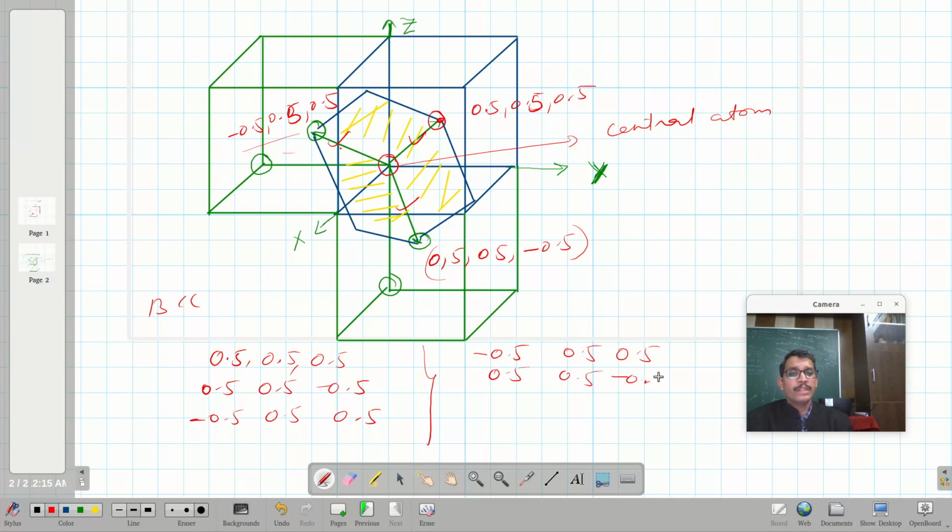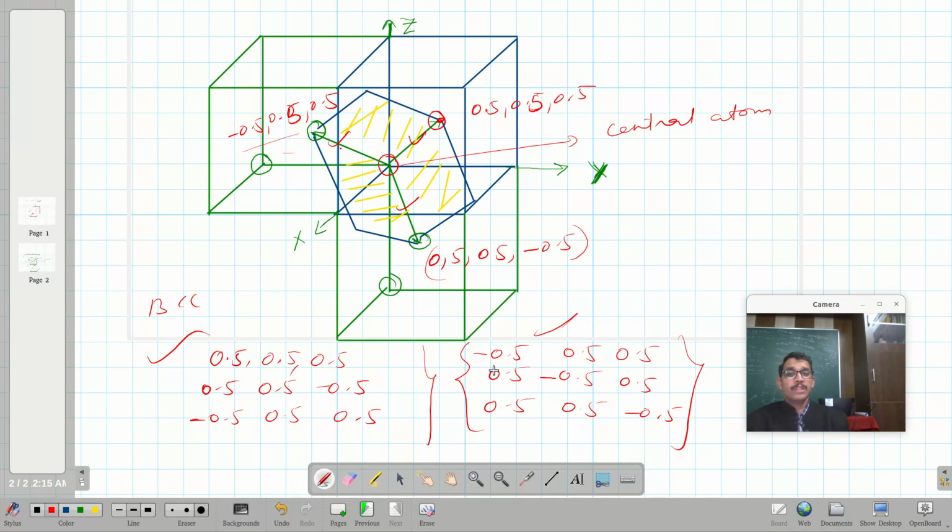You can follow any solid state physics book for this. You can take this as positive, and 0.5, 0.5, 0.5, minus 0.5. You can choose any for the BCC lattice, right?